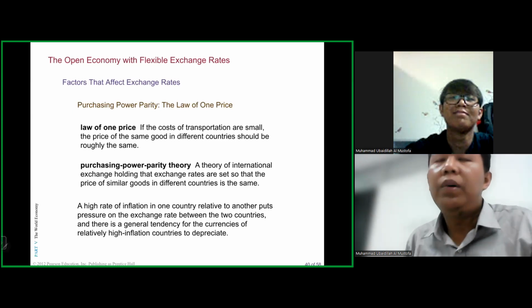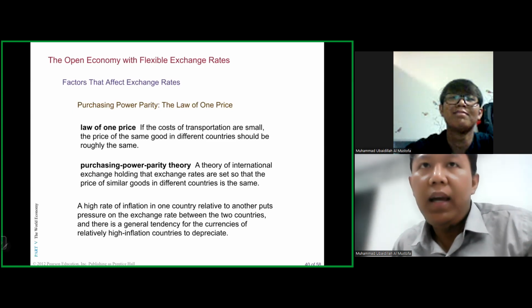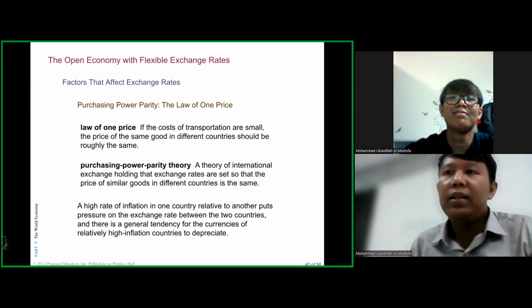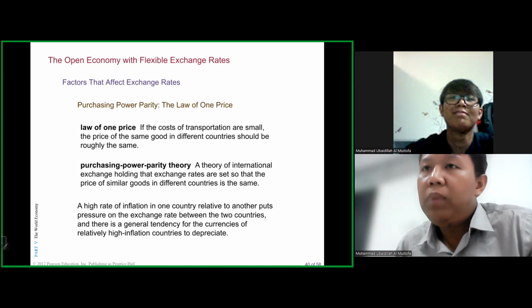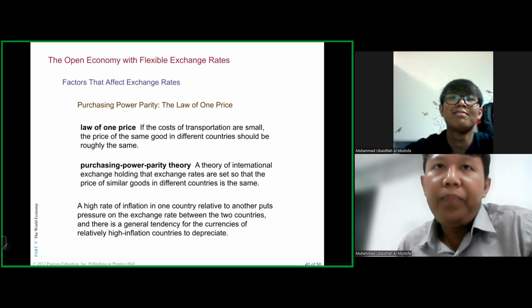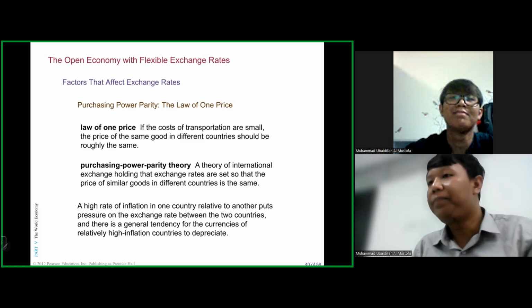Now we will learn about what affects the exchange rate, the factors that affect the exchange rate. But before that, we need to learn about a theory called the law of one price. It says that if the cost of transportation is small, the price of the same good in different countries should be roughly the same.